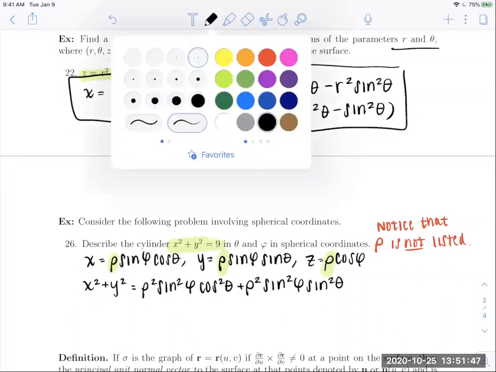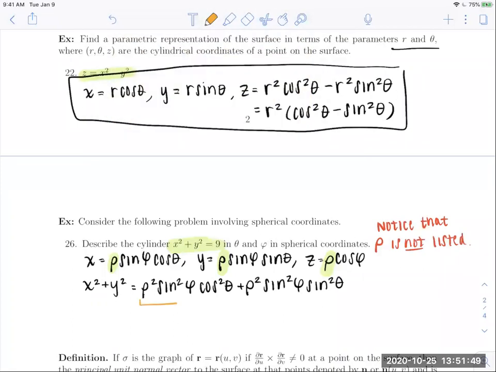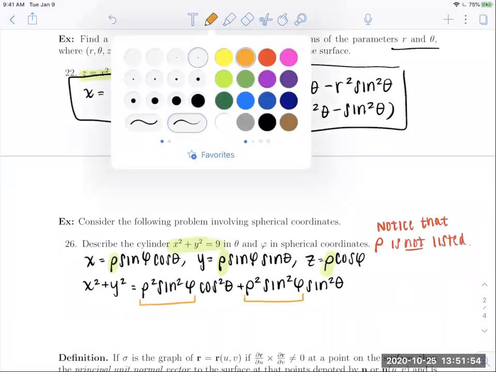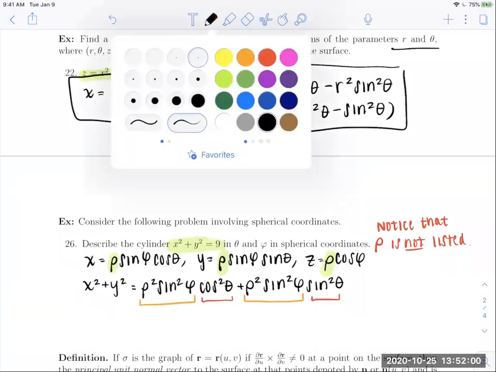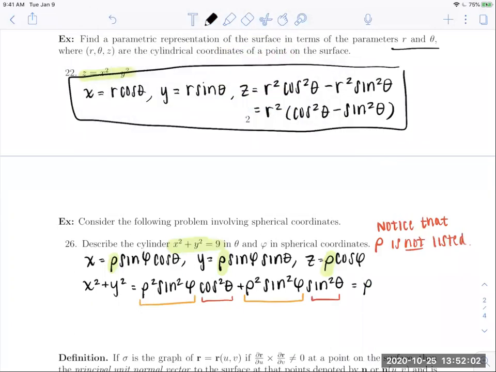What we can do here is factor out a rho squared sine squared phi. That leaves us with cosine squared plus sine squared, which we know to be 1. So this whole thing reduces down to rho squared sine squared phi. And then remember, x squared plus y squared equaled 9.